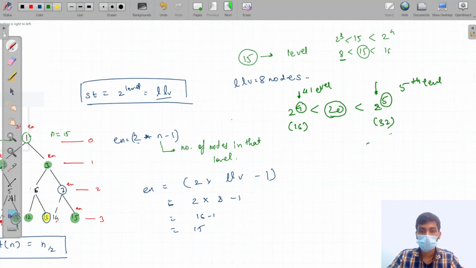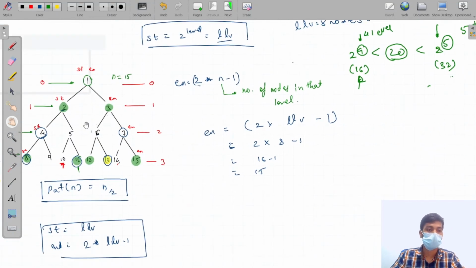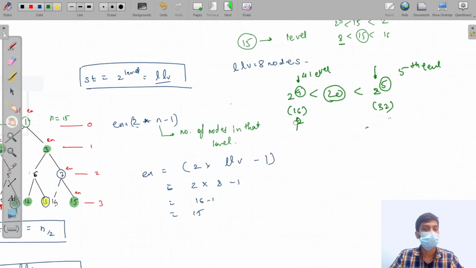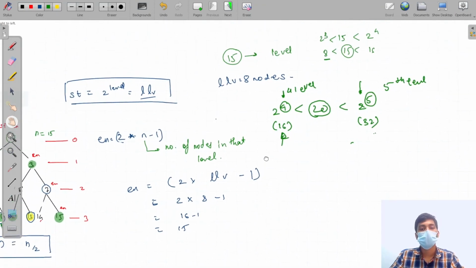So we are able to know that 20 is going to be included in that particular level where the number of total nodes is going to be 16 and the starting point is going to be 16. That is, in this general tree, the starting point is going to be 16 and the number of nodes is going to be 16, right?